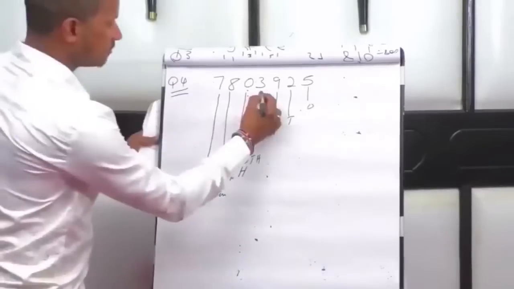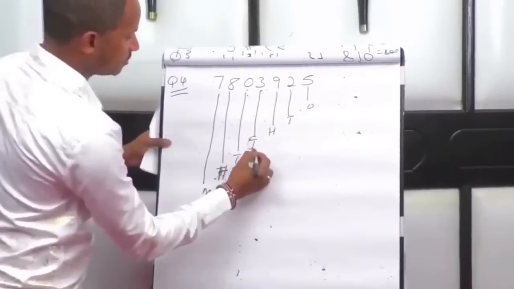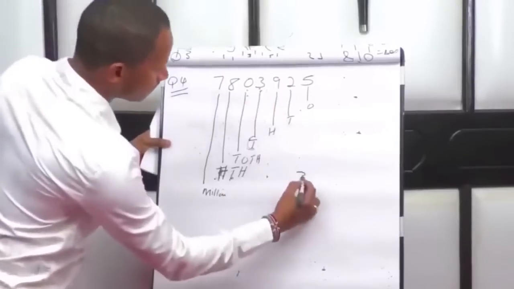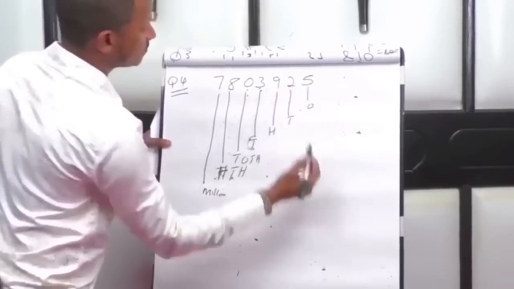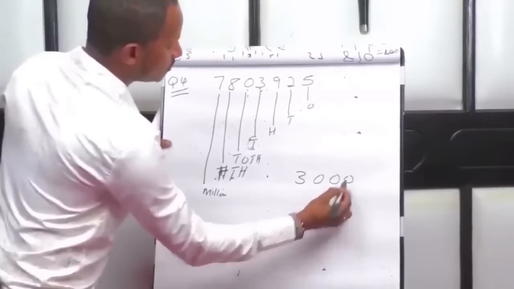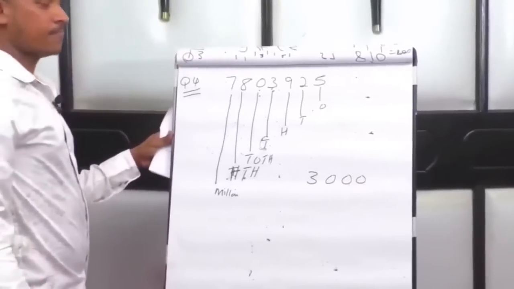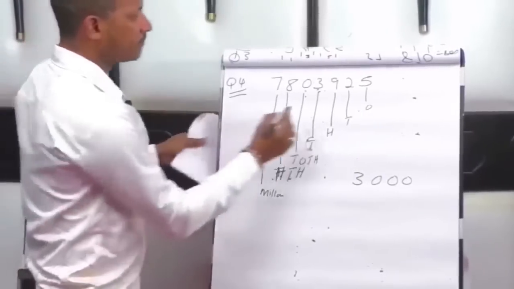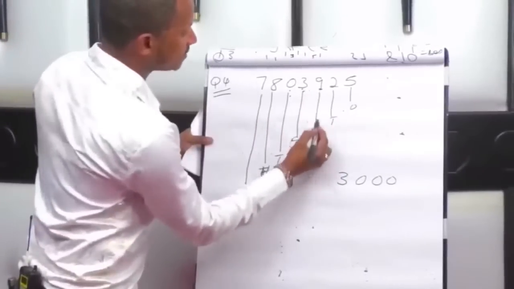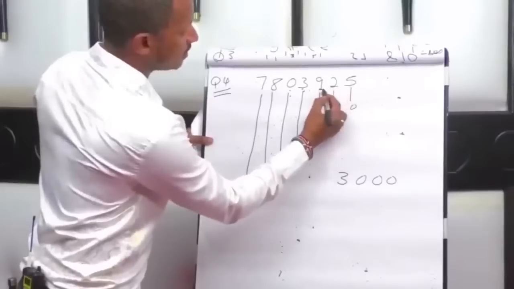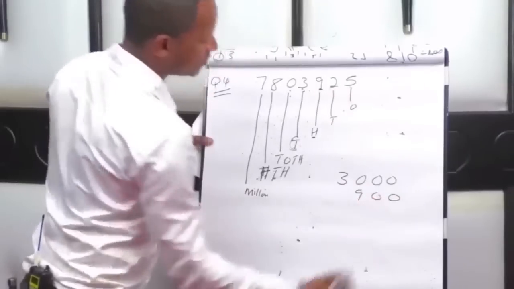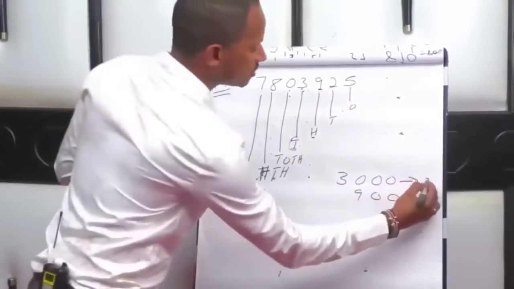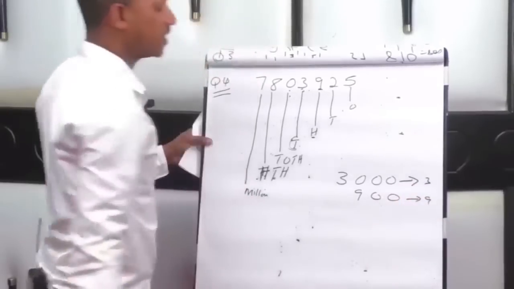First of all, digit 3, we have thousands. So you write it 3, then just replace the other numbers with zeros. So that is 3,000. Then what about digit 9? Digit 9 is in hundreds. Then it is just 900. So this is for digit 3 and this is for digit 9.